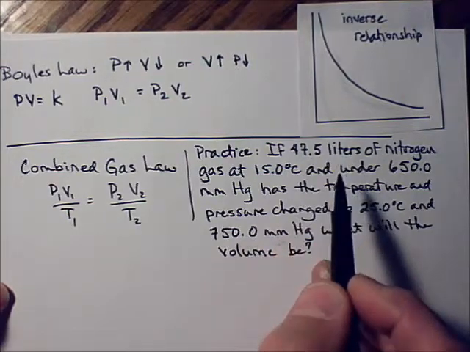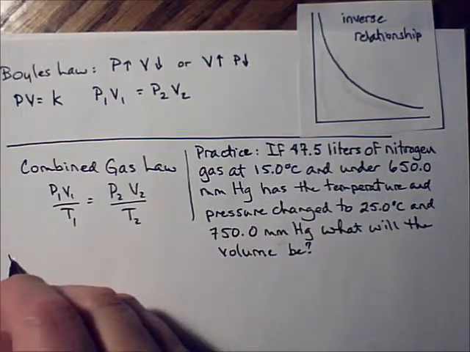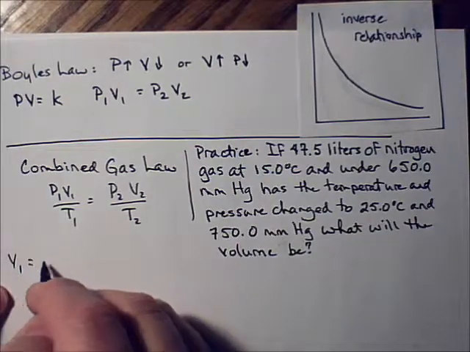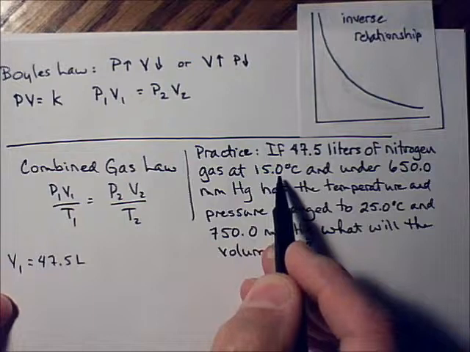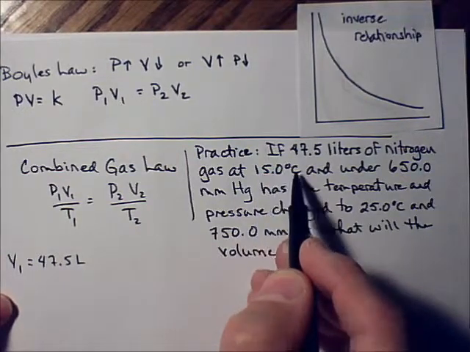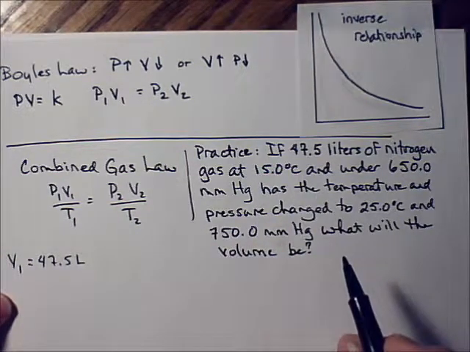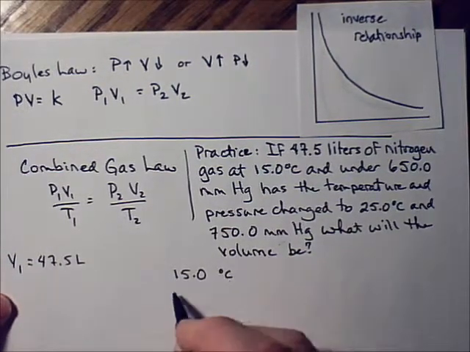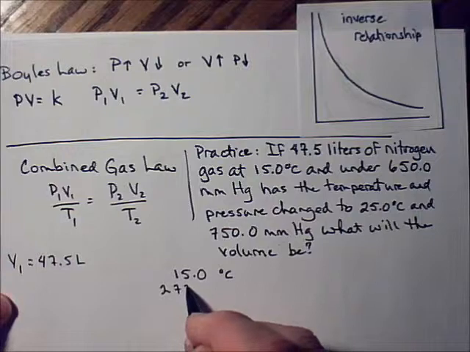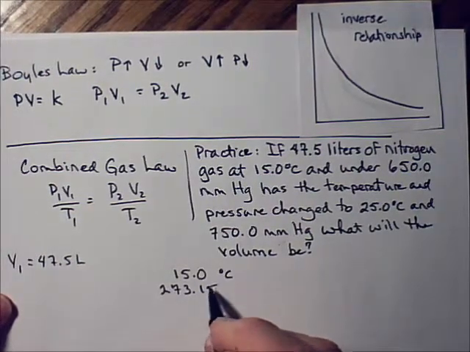47.5 liters, that's a volume. So V1, 47.5 liters. Temperature, it says I've got 15.0 degrees C. I can't use temperature in degrees C. So 15.0 degrees C plus 273.15.